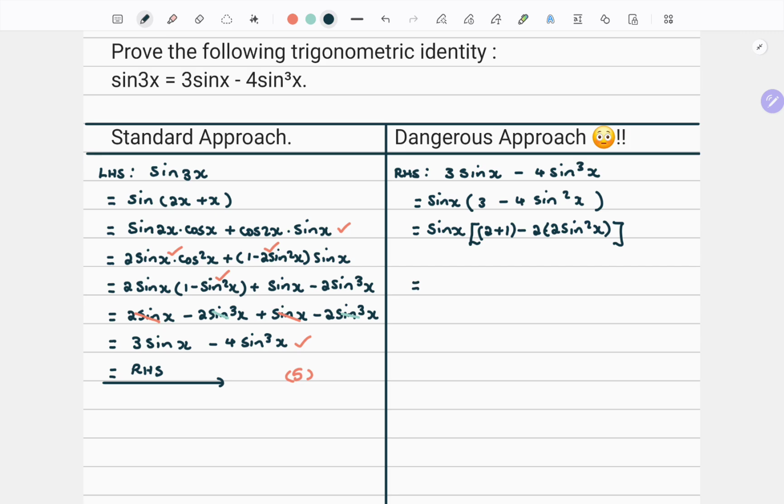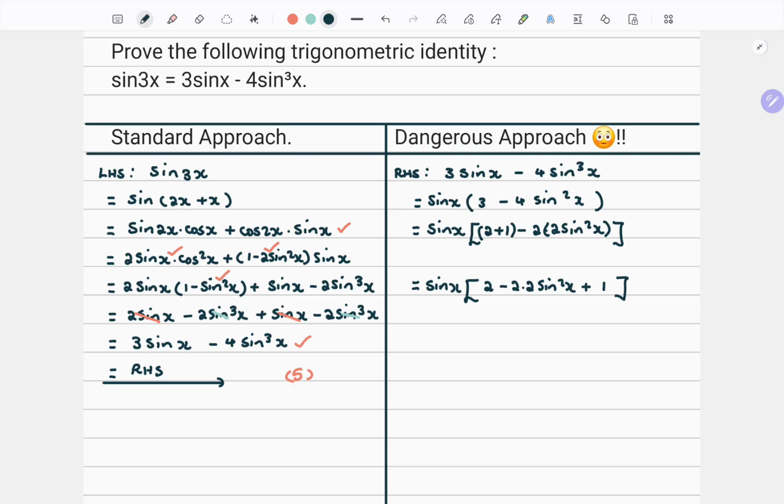So what then? Now we can see that there's a 1 inside the bracket. We can leave the sine x outside, but now we can take the 2 and bring in the minus 2 times 2 sine squared x, and then we leave the 1 alone because the 1 is not going to help us.